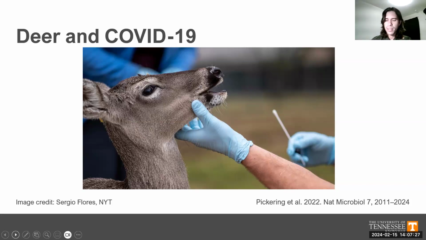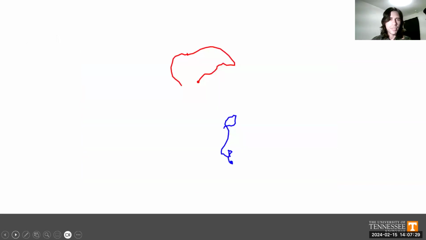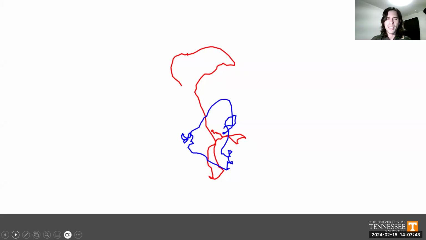The rationale for the method that we've developed is fairly simple. Imagine two individuals as shown here, one red and one blue, and this can represent anything from elephants to mice to salamanders, as long as they move across the landscape and you can obtain some information about how they are moving.